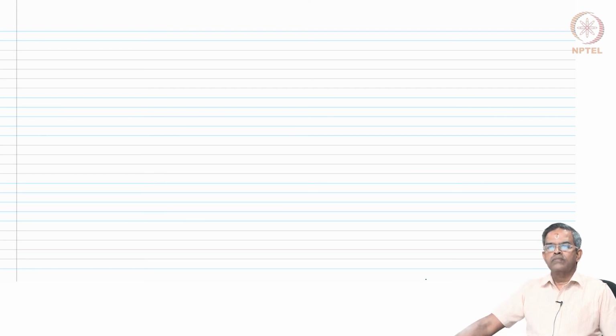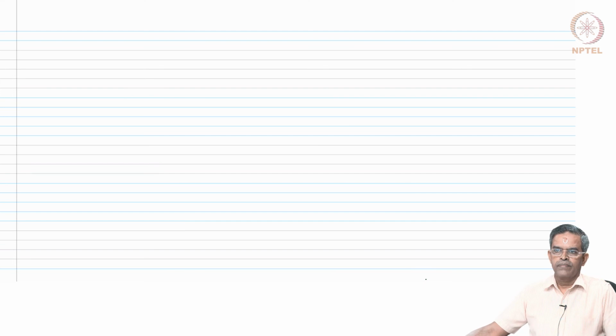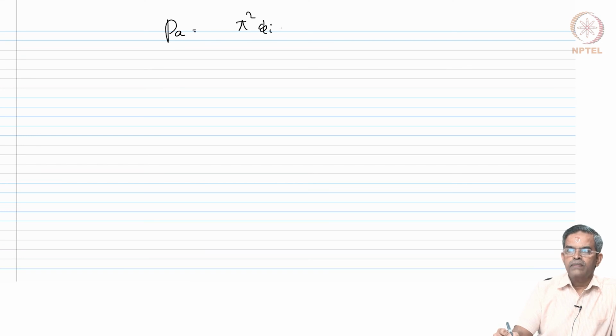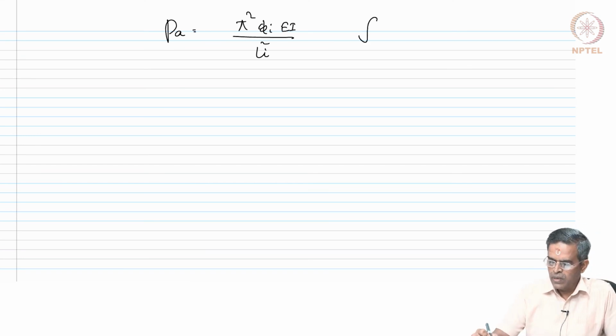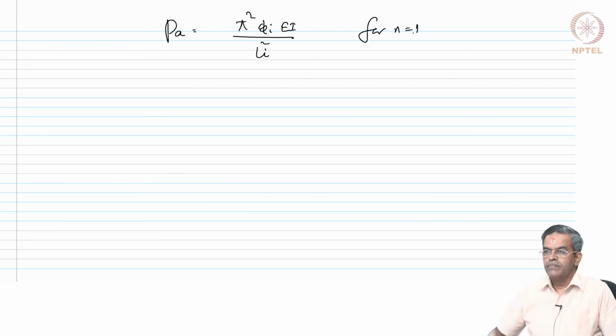So, now we can say PA is pi square phi I Ei by Li square for n equals 1. Okay.